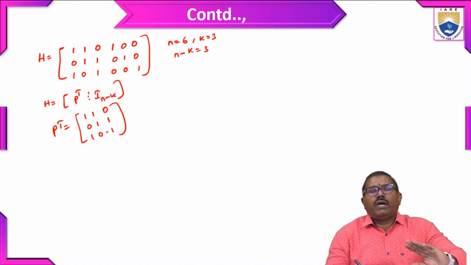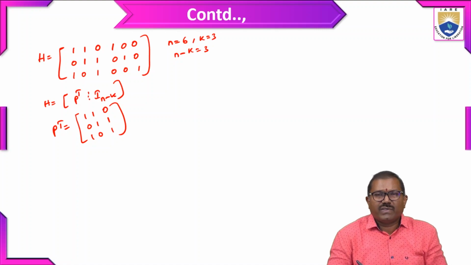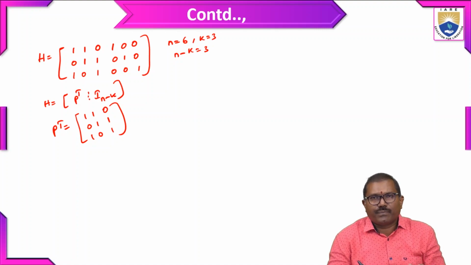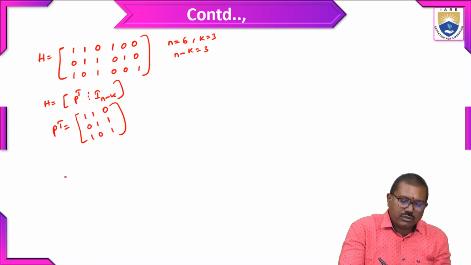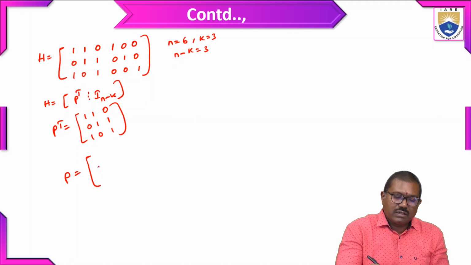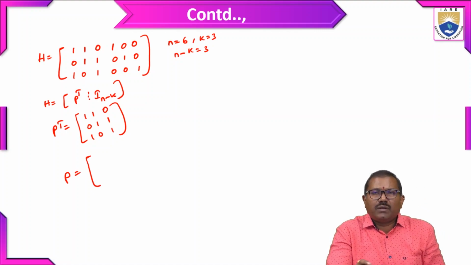So we transpose this P transpose again. What do you get? P. Normal P you get. For this I convert rows into columns.